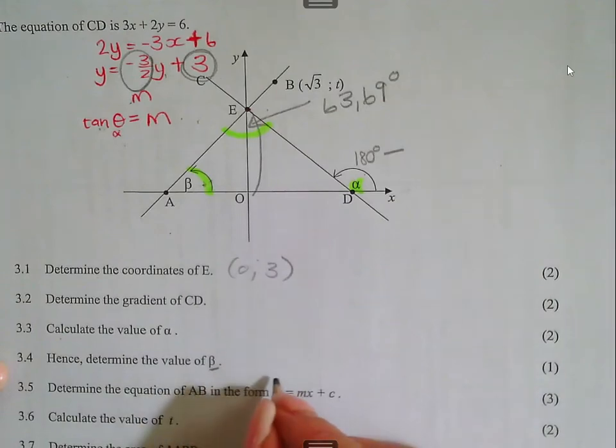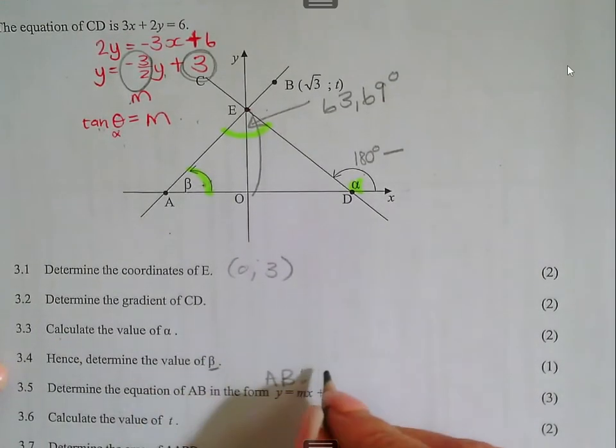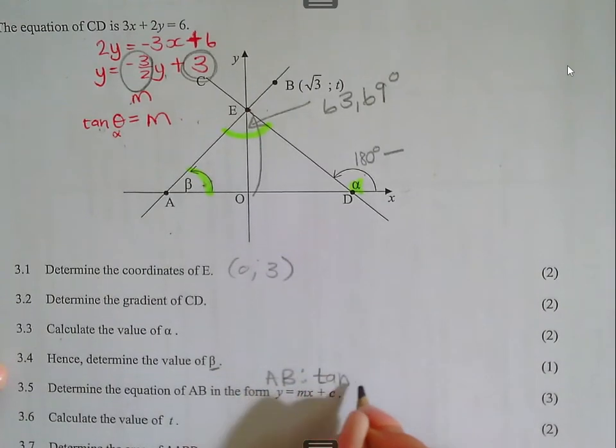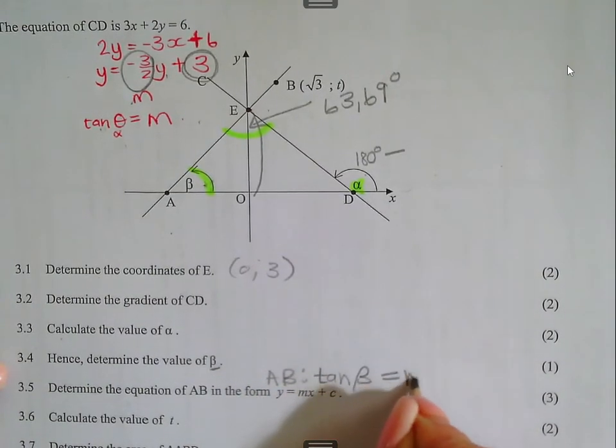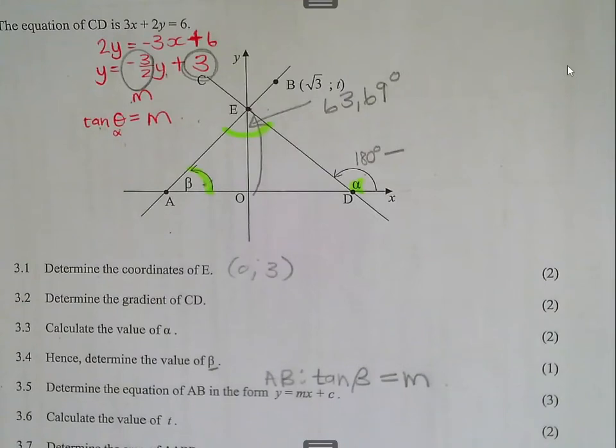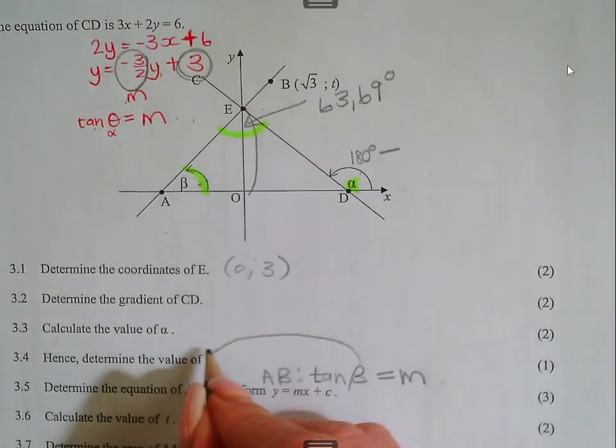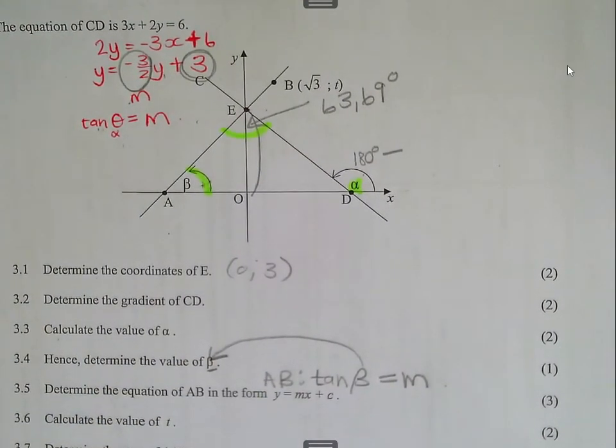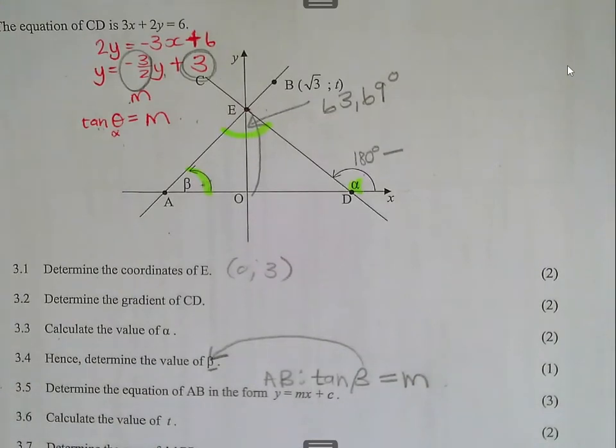Now, if I look at the line AB, the tan of beta will give me the gradient. And I just calculated beta at the previous one. So if, let's say that beta was 30 degrees, then all you do is tan 30 and it gives you the gradient.